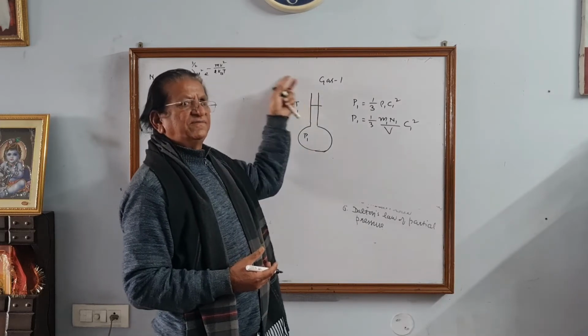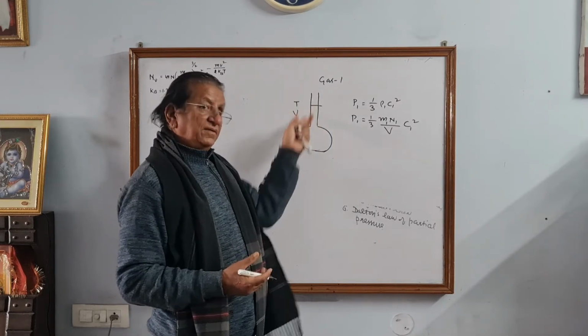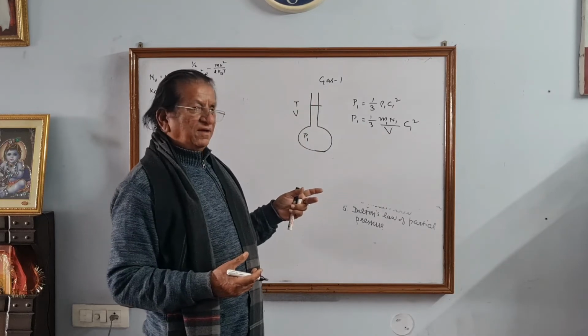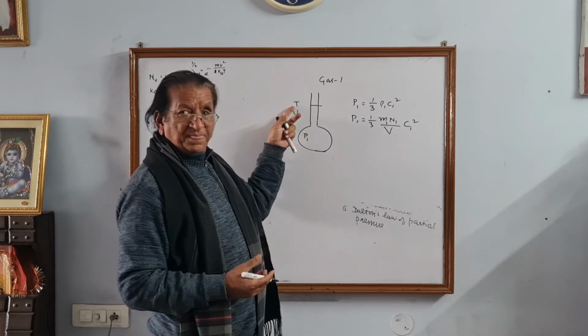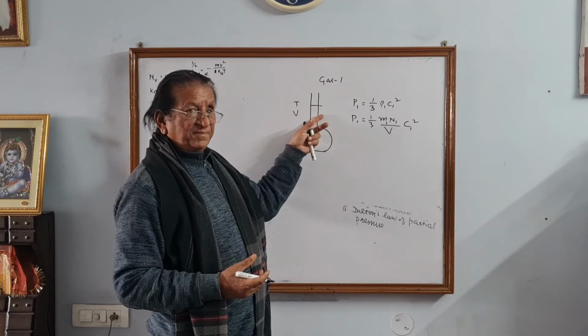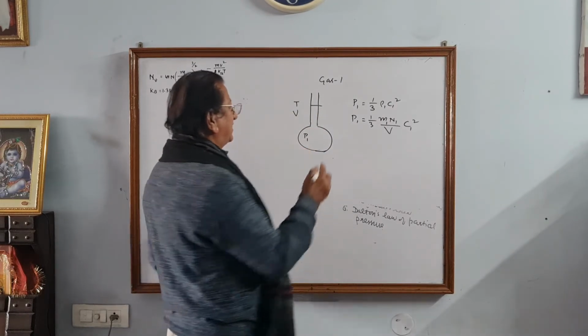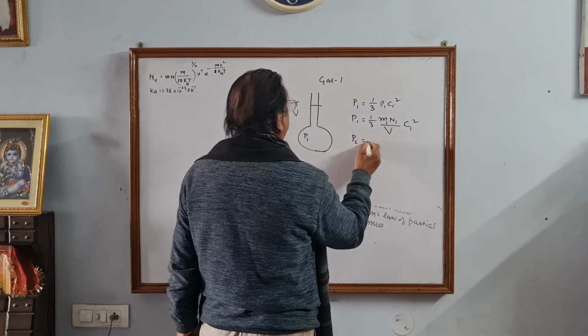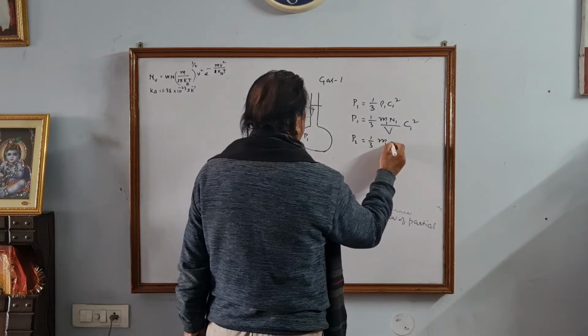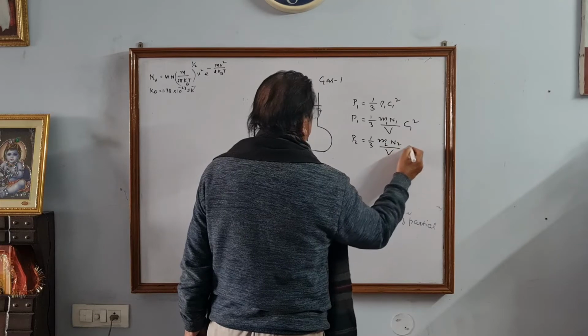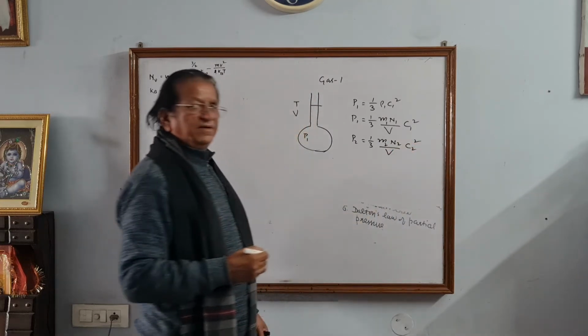Then remove this gas from the vessel, fill the vessel with the second gas at the same temperature, same volume, the pressure exerted will be different. So when the second gas is filled, the pressure is 1/3 M2 N2 over V C2 square, the volume is the same, and the pressure will be this.